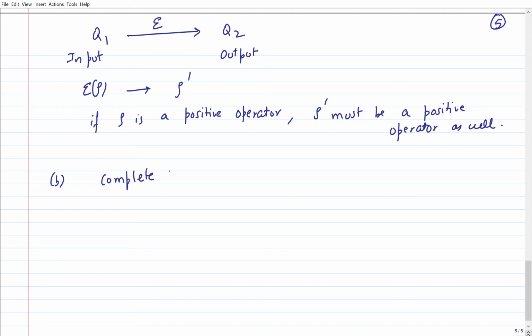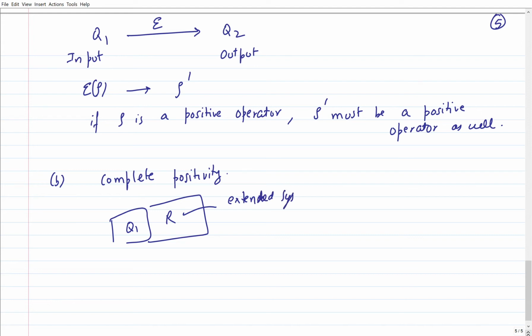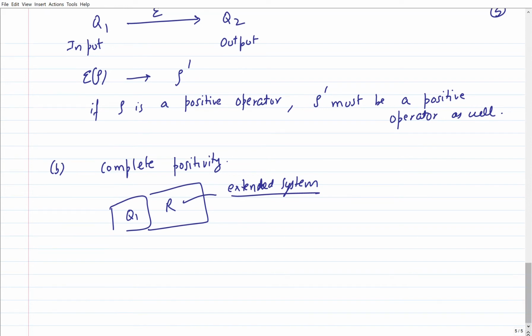Now what do I mean by complete positivity? Let's say my system Q is, I have also an extended system R. It can be part of the environment, some other system, so on and so forth. So let rho QR be any operator residing in the joint Hilbert space.